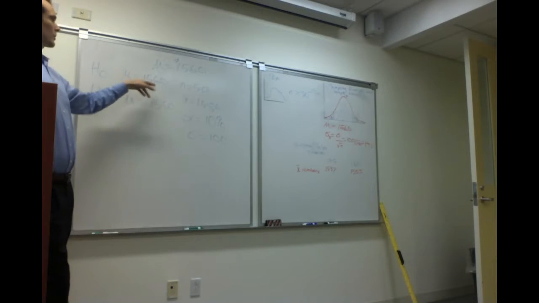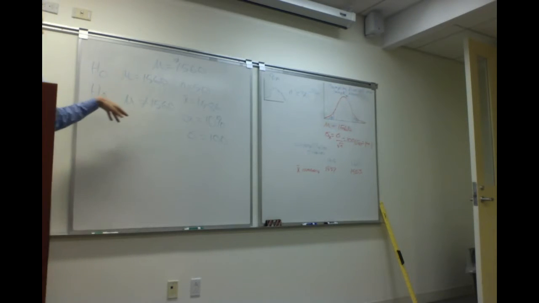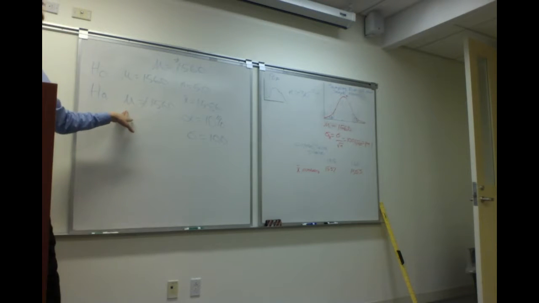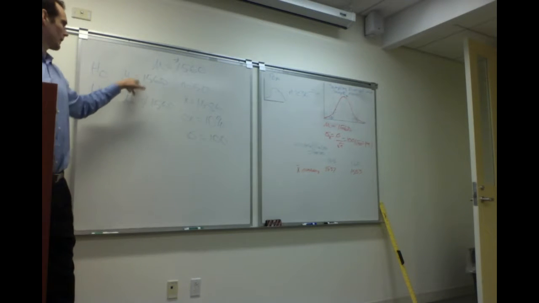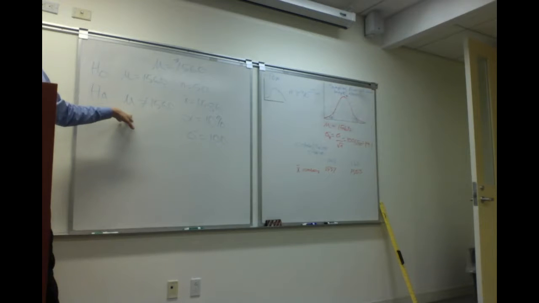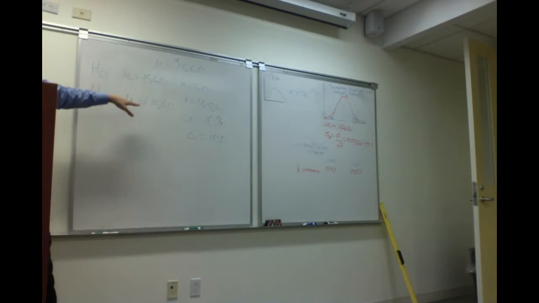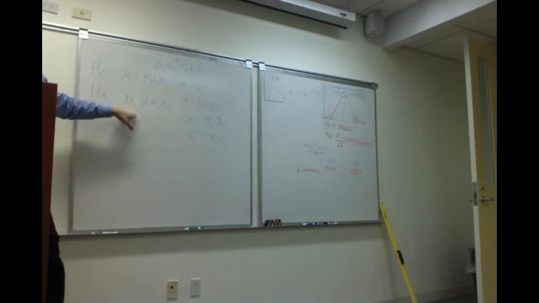I'm going to assume what you say is true. And I'm going to see if I find overwhelming evidence to the contrary. If I find evidence that would be so unlikely given that what you say is true, if it's that unlikely, I'm going to reject that and assume the alternative.